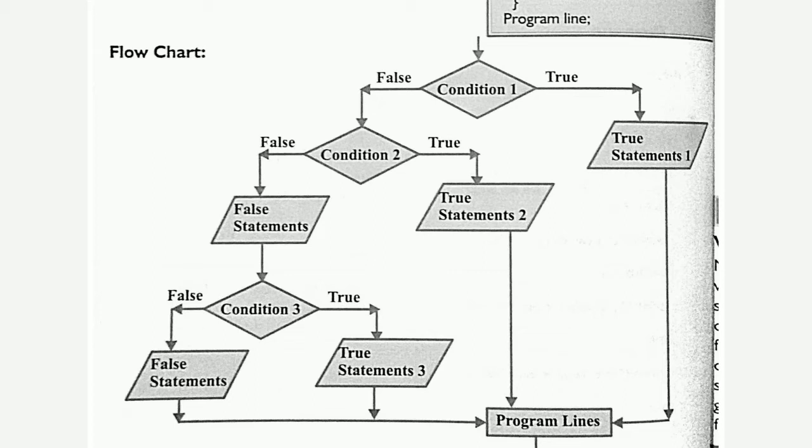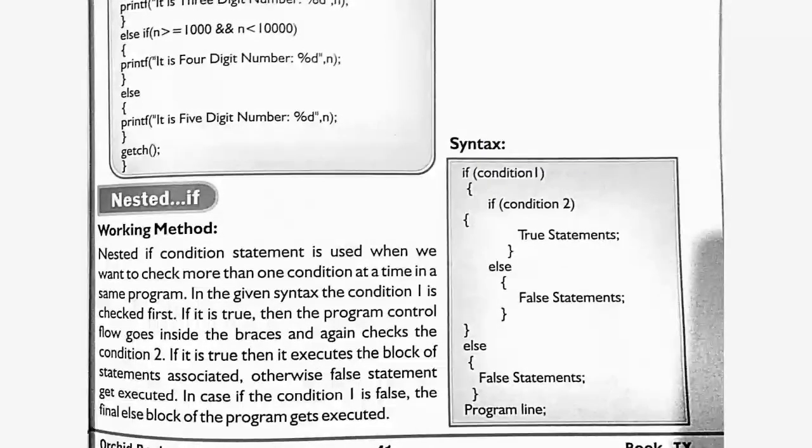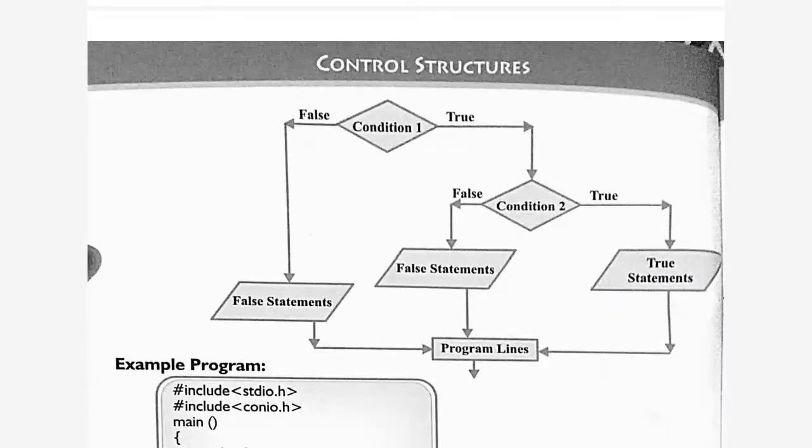Four possible outputs can be received by using three if else statements consecutively. In the next part you can see nested if. An if that contains another if is known as a nested if statement. There is a small difference between the else if ladder and a nested if.